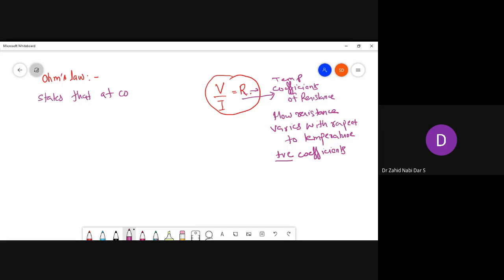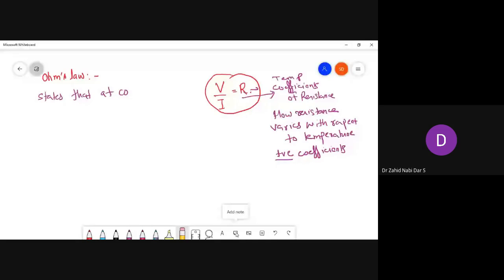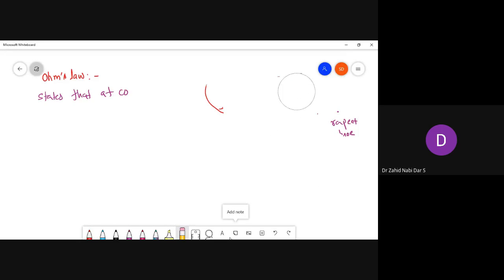So more or less, Ohm's law will state, here I'll rub this, so you just defined this equation. Now it is about Ohm's law.